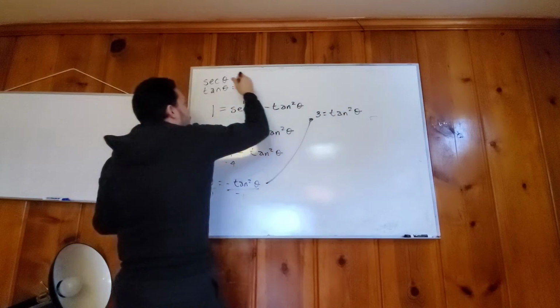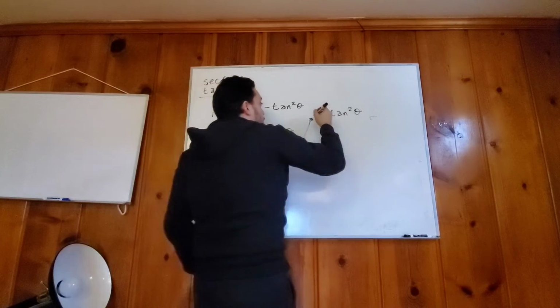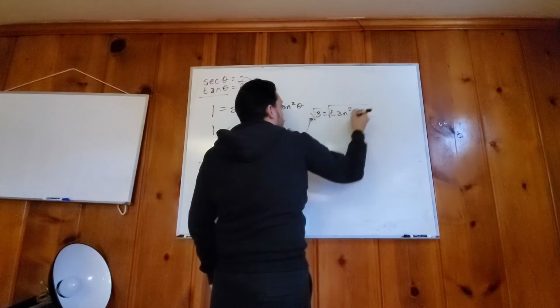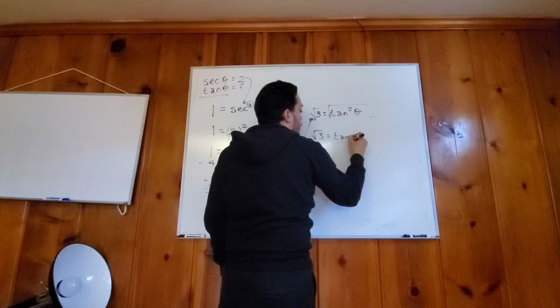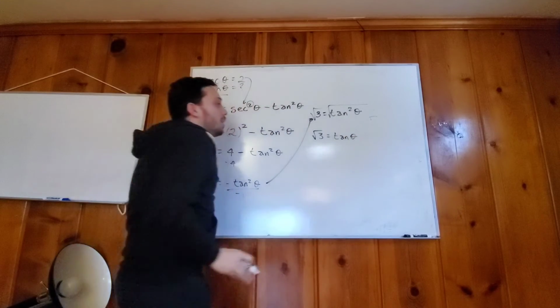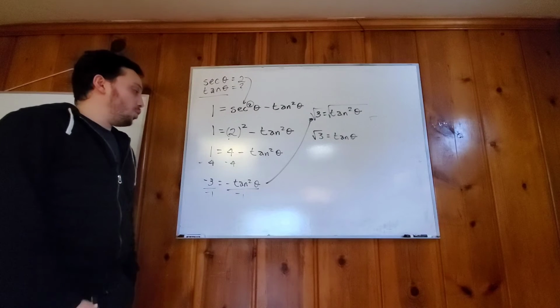Well, we didn't solve it because we're not looking for tangent squared, we're looking for tangent. So then we're going to square root both sides, and we're going to have square root of 3 equals tangent theta. So tangent theta is square root of 3. And that's pretty much it, how you do it.